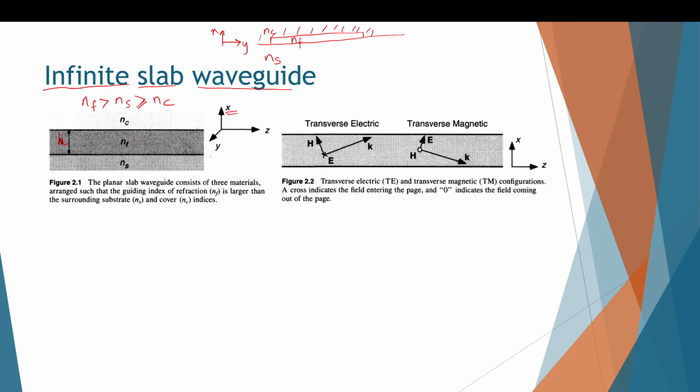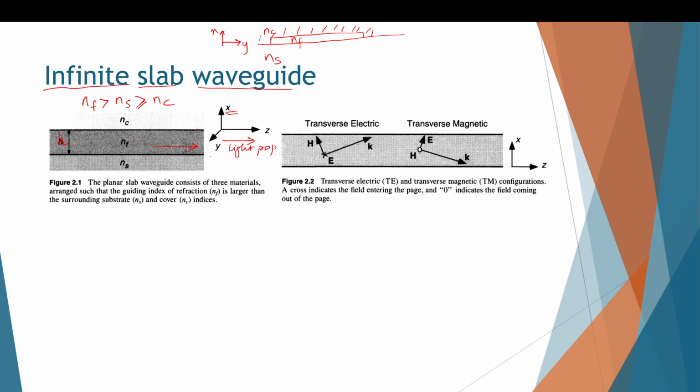Okay, so say the refractive index confinement is only in the x direction, and my light is propagating in the z direction. So how will the light travel in the z direction?